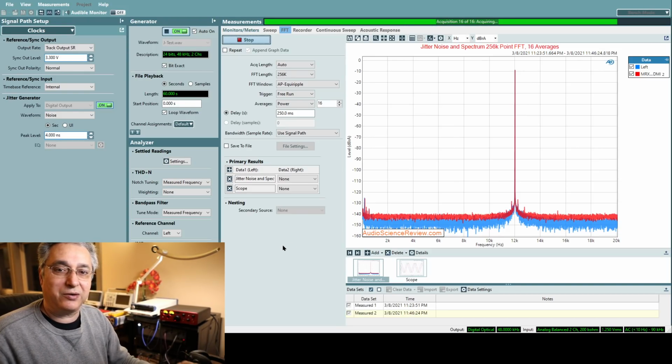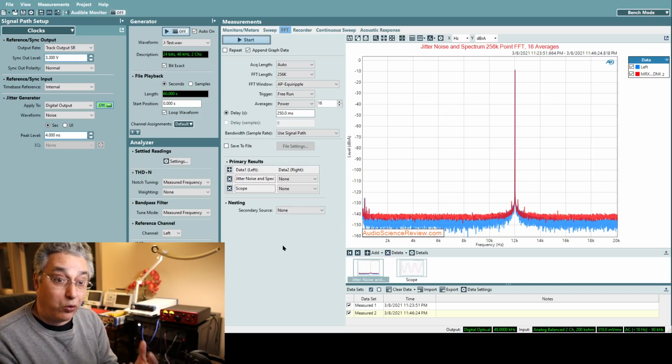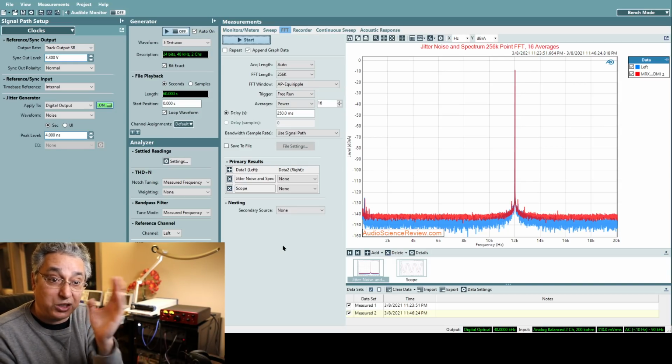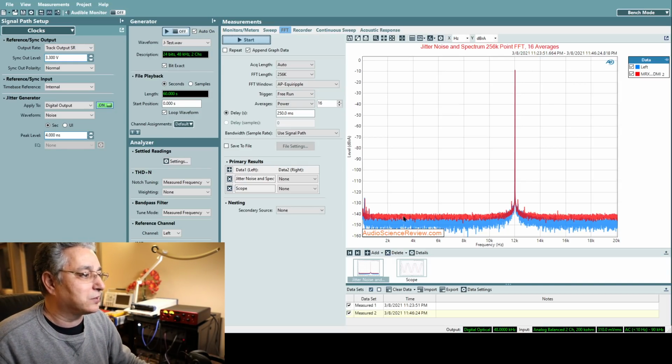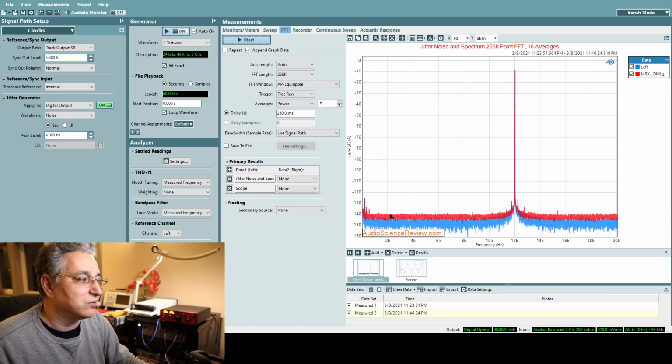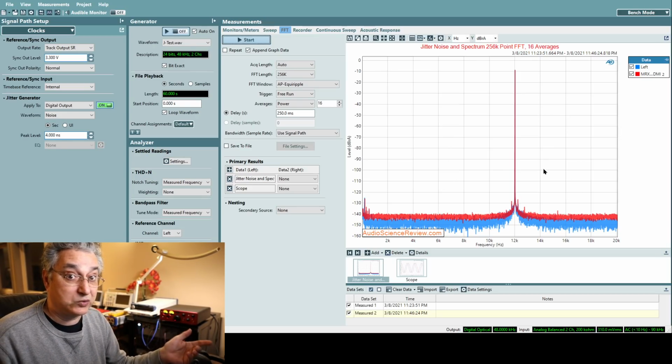So when jitter has a spectrum of noise, that means it's randomly changing the clock, and it basically just raises your noise floor by an equivalent amount. And it's very benign. You can see how much it impacted my system. Just a few dB I lost. Nothing like those tall spikes I was showing you when the spectrum was a sine wave or square wave.